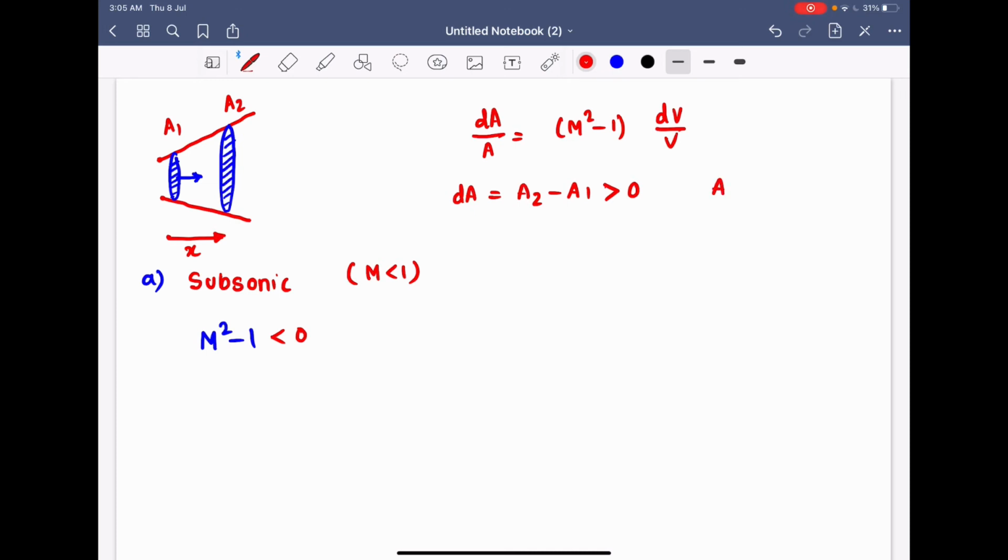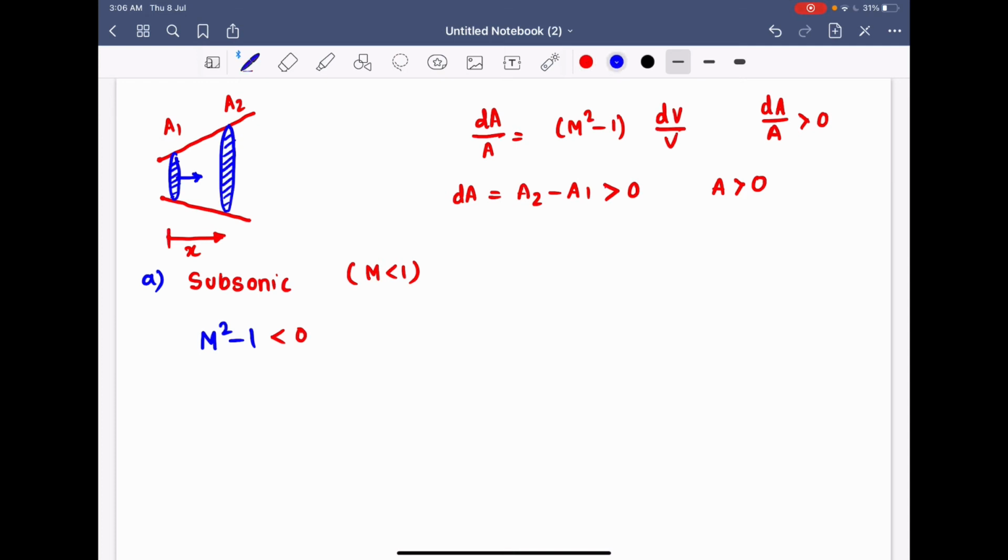A will also be greater than 0, right? A is pi r square, a square term, and the square of any number is positive. So A is greater than 0. So we get that dA by A is greater than 0 for a divergent duct, as we move forward in this direction.